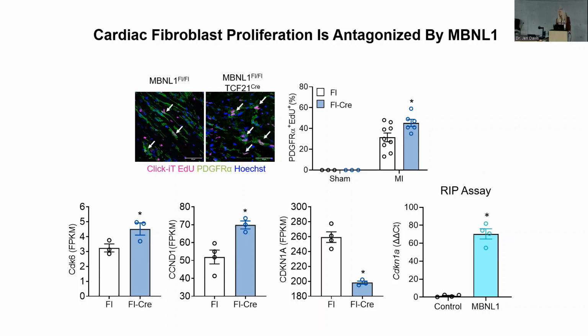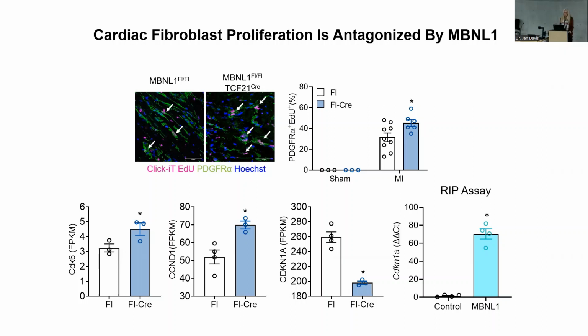We drilled down a little deeper and we pulled the entire cardiac fibroblast population out of the hearts and subjected them to RNA-seq analysis. We found supporting evidence for the proliferative phenotypes in which we saw an increase in proliferation genes like CDK6, cyclin D1, and then probably more importantly, we saw a significant downregulation in a really potent cell cycle inhibitor, which is CDKN1A, which is also P21.